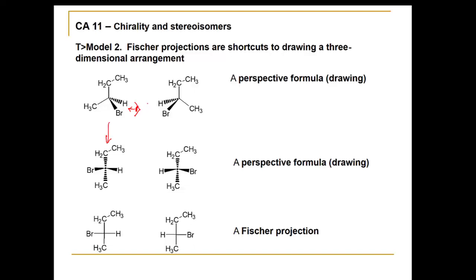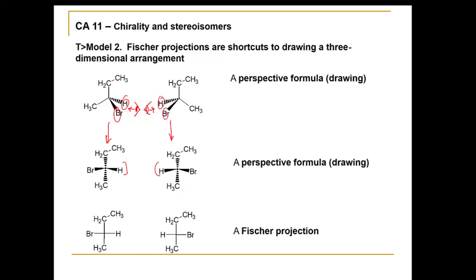And in a similar way, if we stick our eyeball right here and look at the molecule, we would be seeing this. Or if it helps, we've just turned the molecules by 90 degrees. And again, the bromo and the hydrogen and the bromo are now on the horizontal.